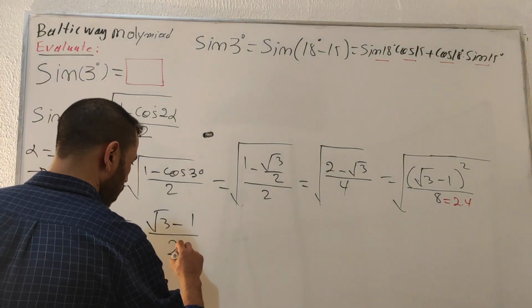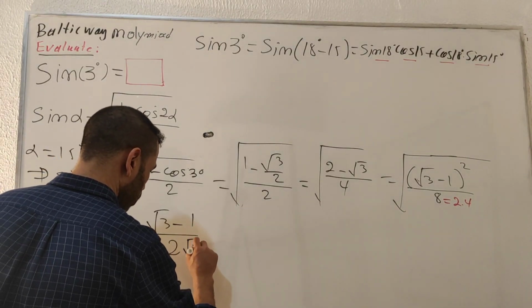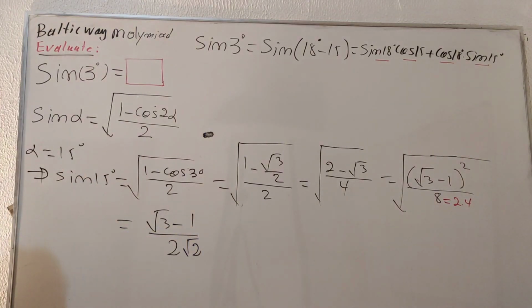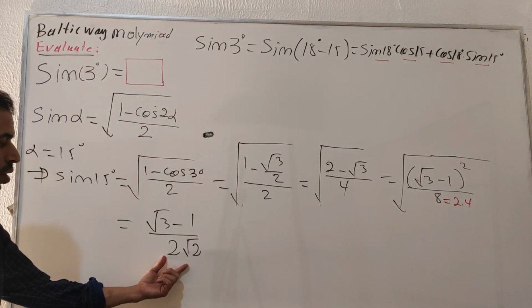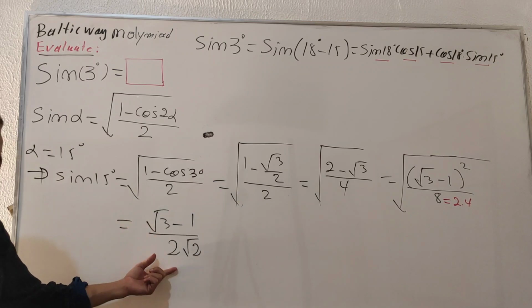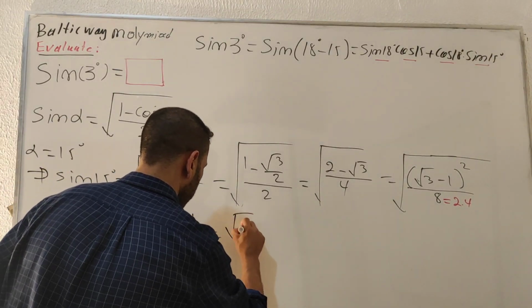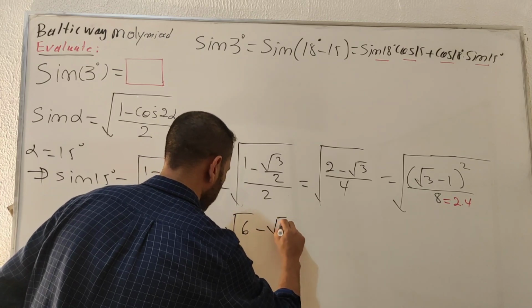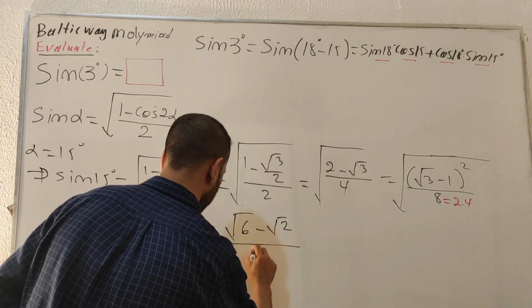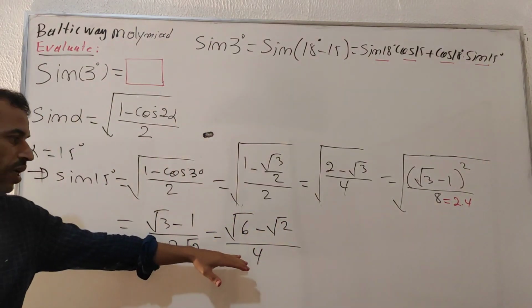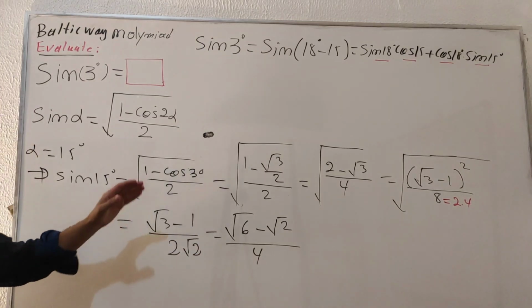Then I left the square root of 2 inside the square root. Let's multiply numerator and denominator by the square root of 2. So I will have square root of 6 minus square root of 2, divided by 4. Okay, let's save this value of sine 15 and move on to the next step.